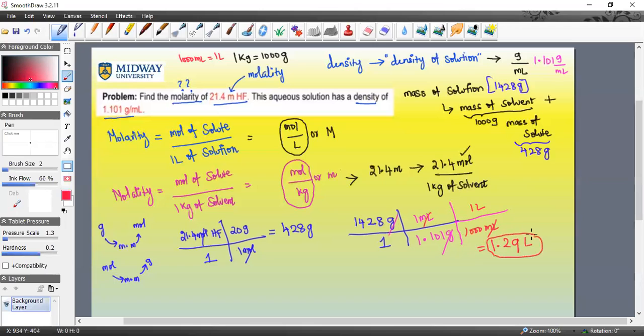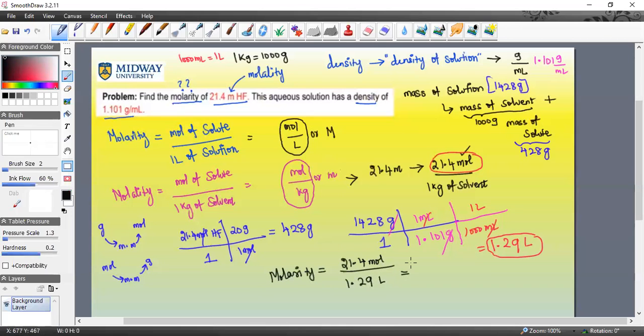We know now the bottom component of this, and we know the top component, which is this. Okay, so now let's put it all together. Let me just do this in black. So molarity is, we know the numerator is 21.4 moles, and the bottom portion is 1.29 liters.